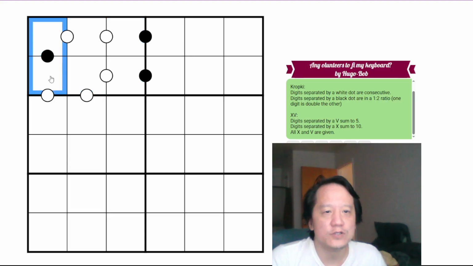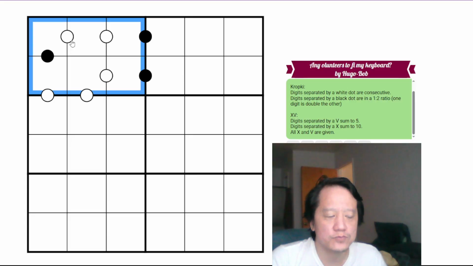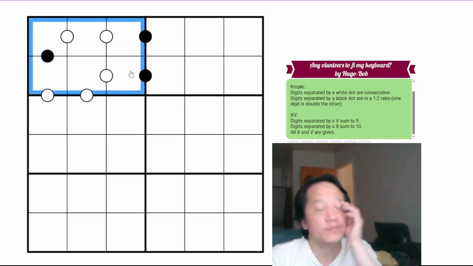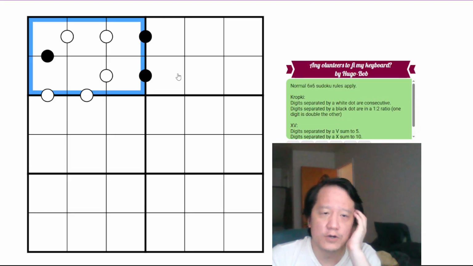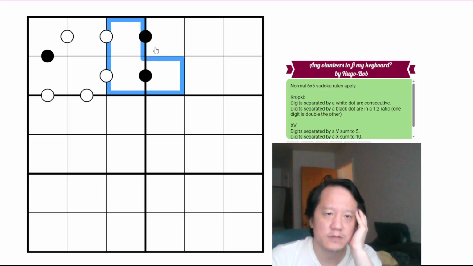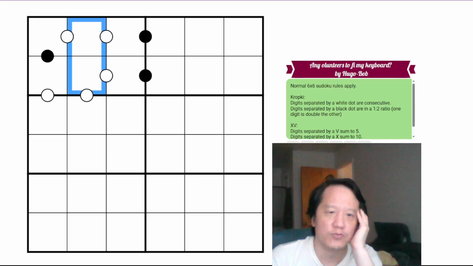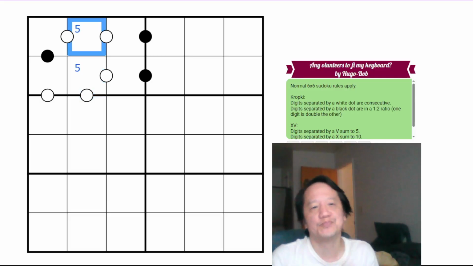So in this puzzle, in this upper left-hand region, we know that 5 cannot be next to the black Kropki dots. So 5 has to be one of these two digits here.